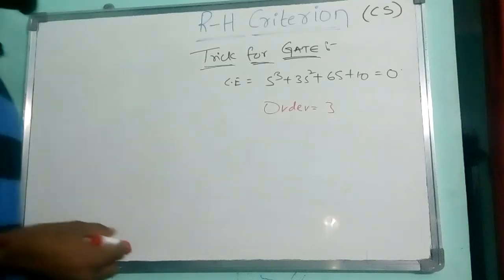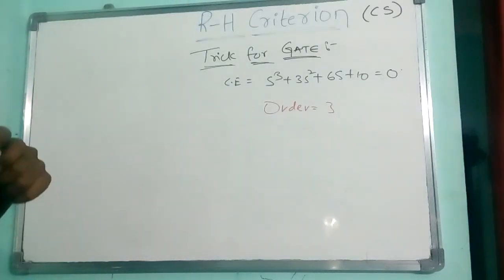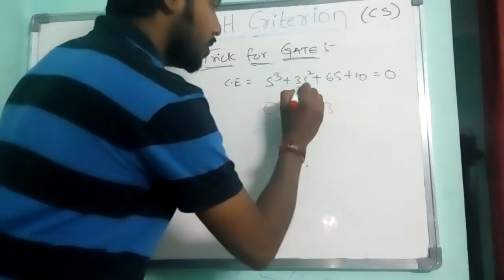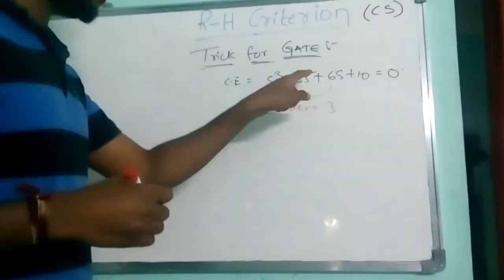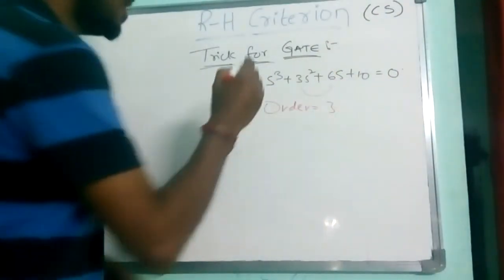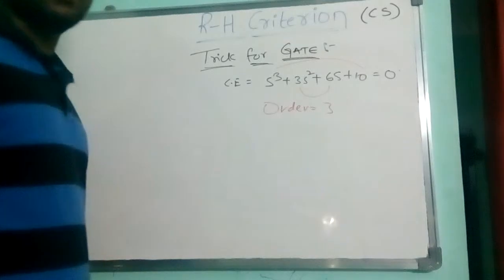Whenever you see these kinds of problems, simply multiply the power 2 and power 1 terms, and multiply the last 2 terms.